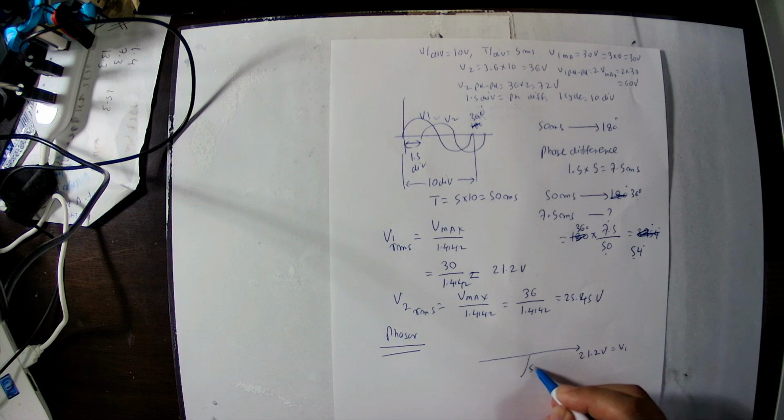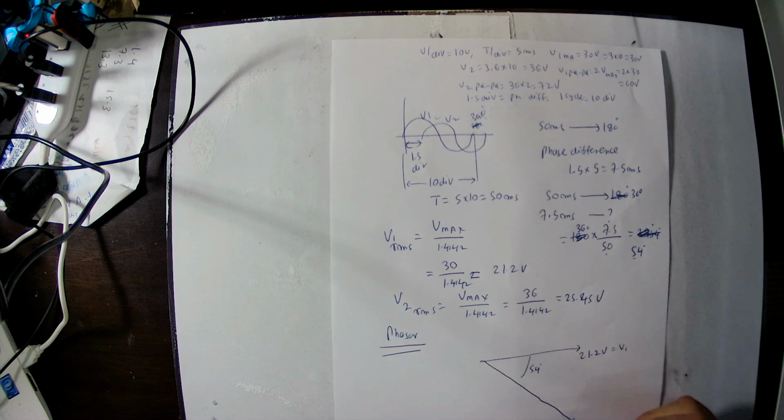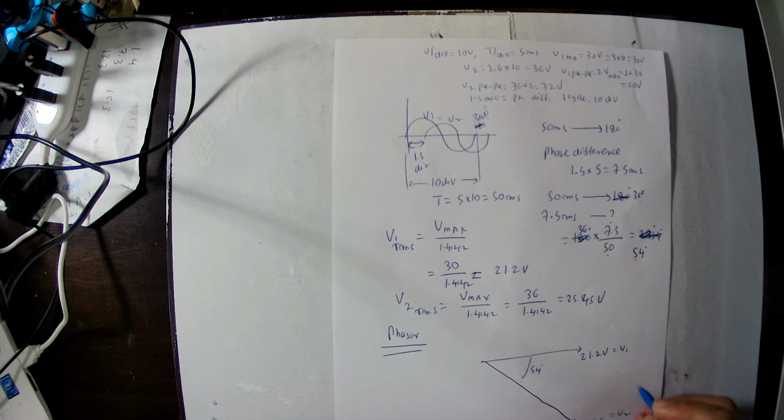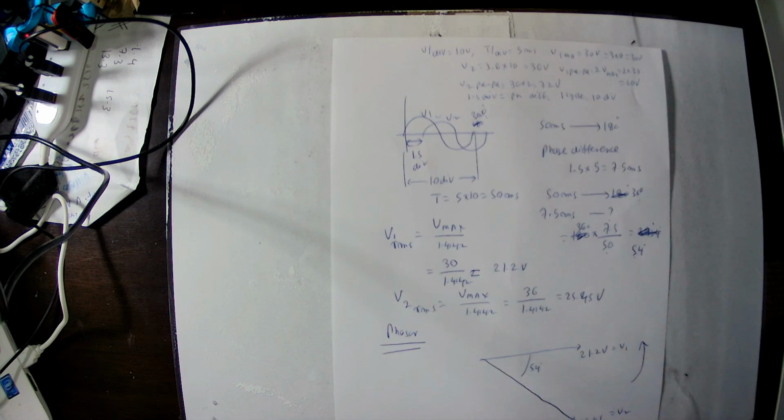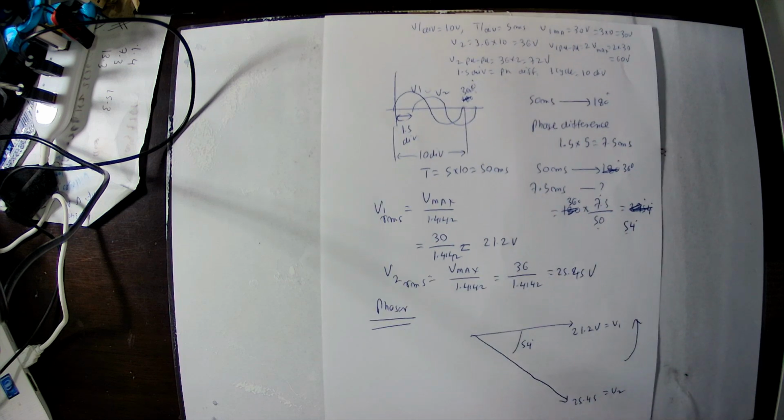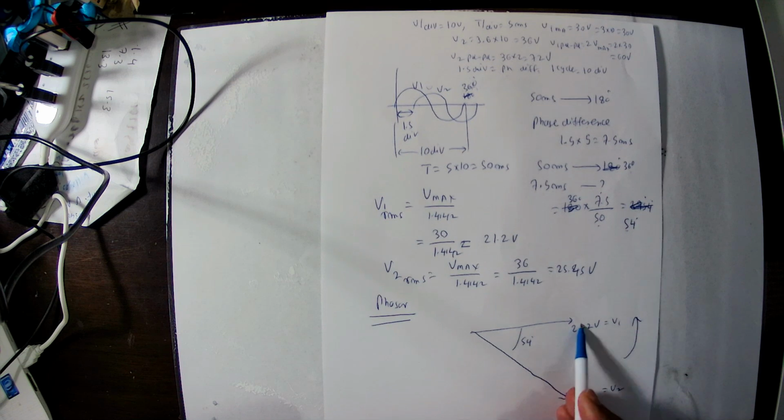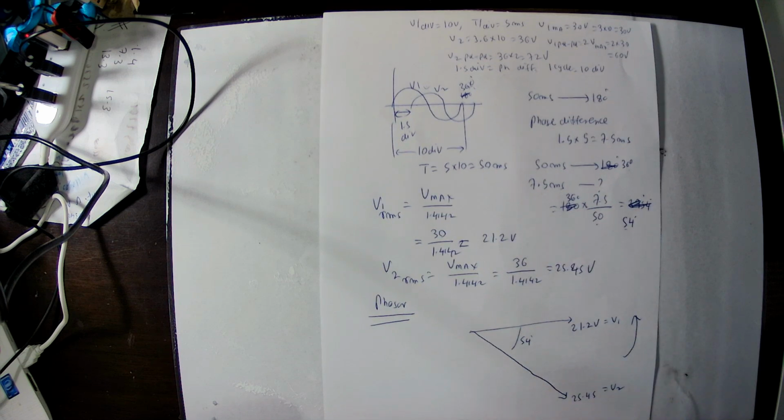The V2 value is here, 25.45. So this is V2. This is the way we can draw the phasor diagram. V1 is horizontal, 21.2, and V2 is lagging by 54 degree, so we can draw 25.45 and draw the phasor diagram.